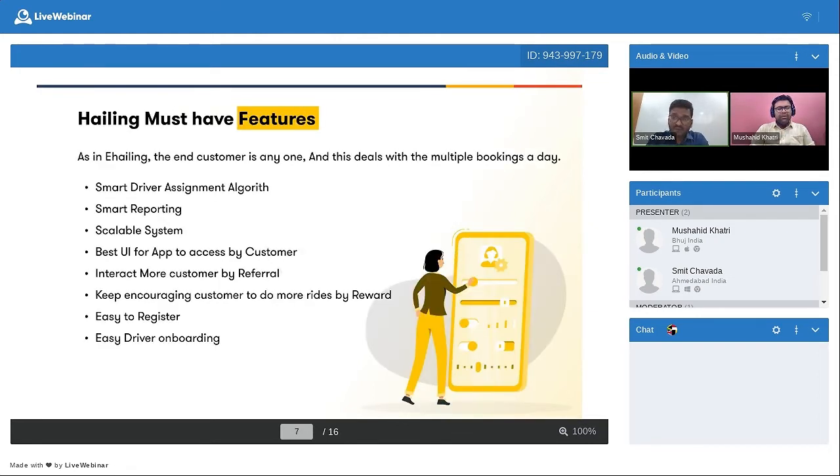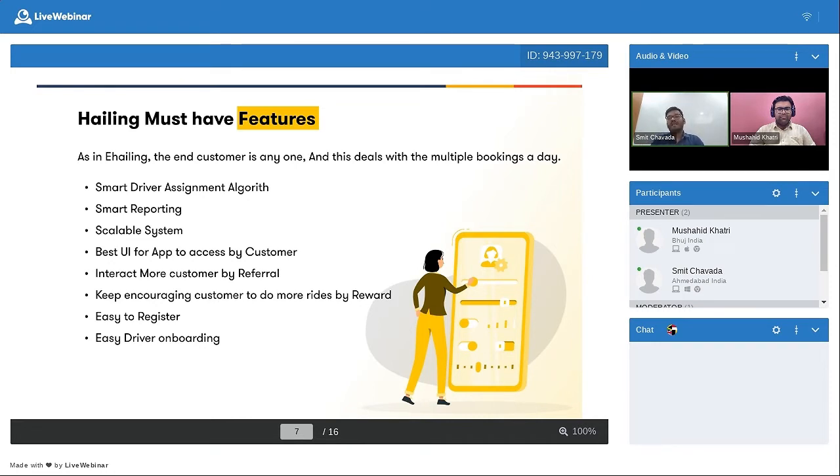So, talking about the hailing system, like an Uber kind of system. As a hailing system, it deals with multiple bookings, so a smart service assignment algorithm is needed. A smart reporting system, as I already discussed, is also needed. And a scalable system. What do I mean by scalable system?